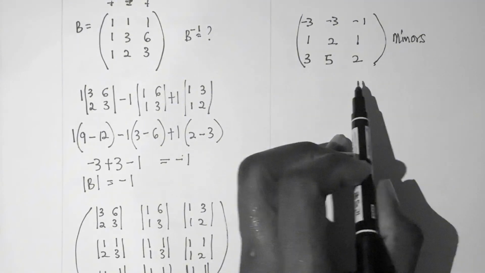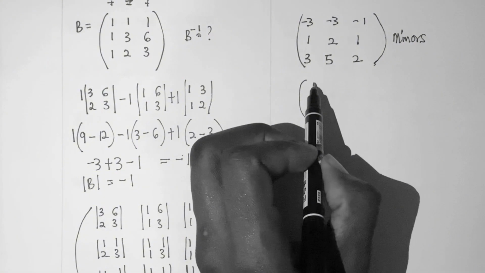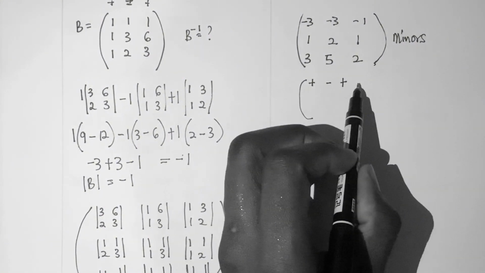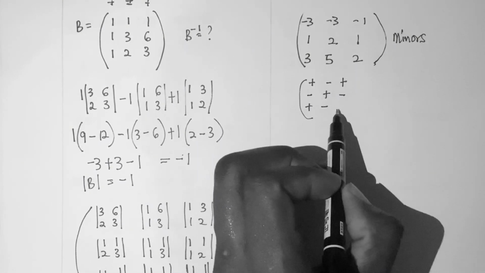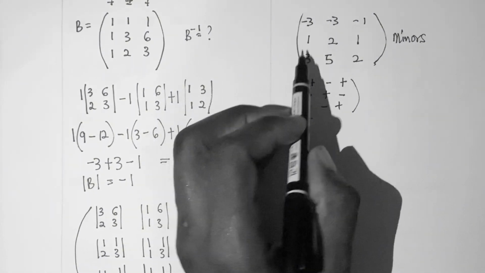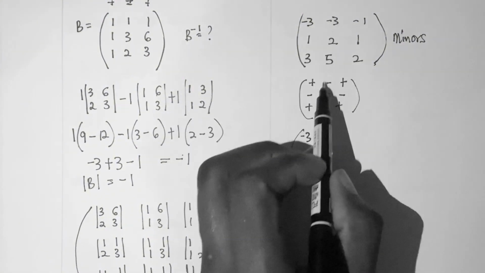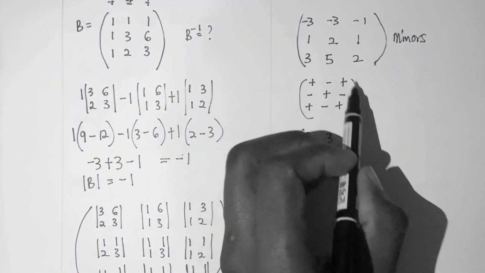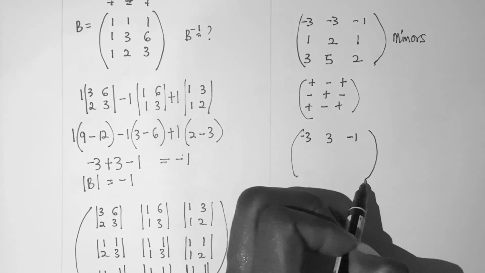The next thing we are supposed to do is to find the matrix of cofactors. And remember what we said. We multiply that one by these signs: plus, minus, plus; minus, plus, minus; then plus, minus, plus. So if we take minus 3, minus 3 times 1 is minus 3. Then here minus 3 times minus 1 is 3. Then here minus 1 times 1 is minus 1.